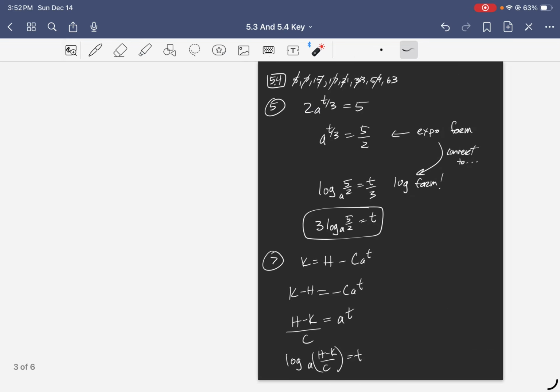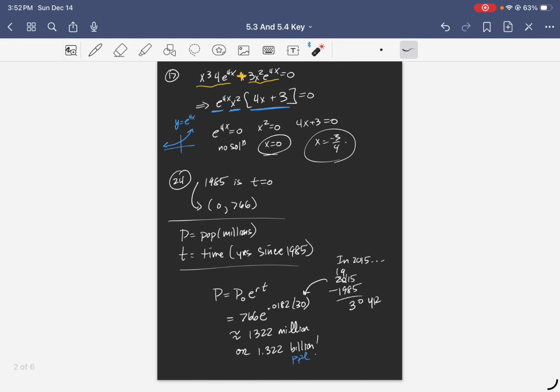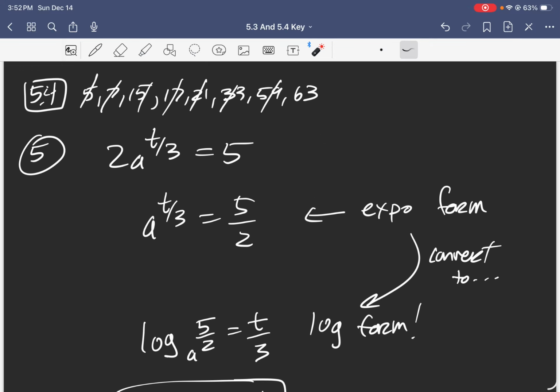Okay. Then we now go on to 5.4. In 5.4, it says solve this equation for t. Well, first I need to get it into exponential form so I can then convert it to log form. To get it into exponential form, I divide by 2, and now I have a coefficient of 1 in front of my base, so it is in exponential form.